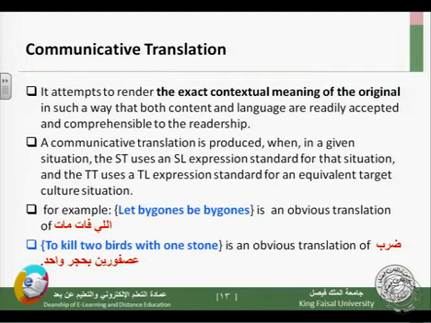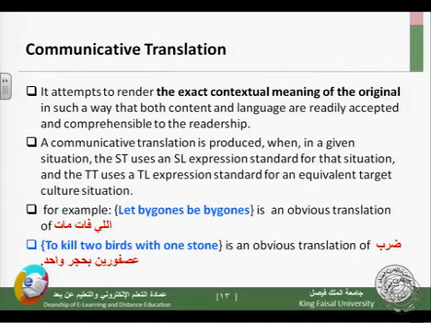If you say that to an English person, he would be very impressed. He would say, wow, you speak good English, you have translated it in a very good way. So this is communicative. It means you communicate the message successfully, according to the context, the meaning, and the culture, and all this package. All right?